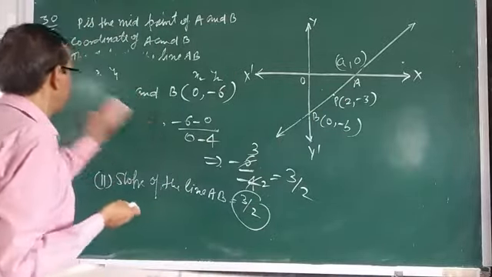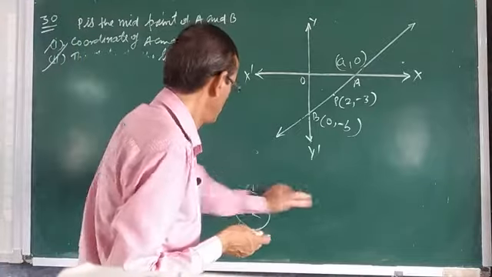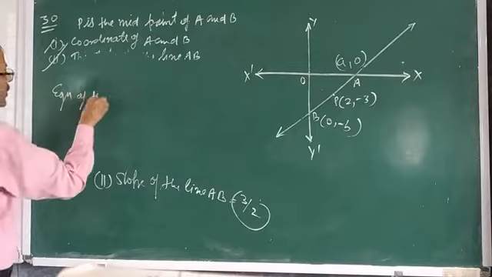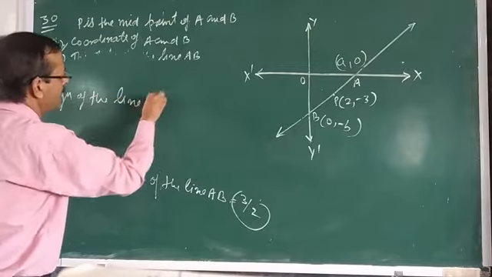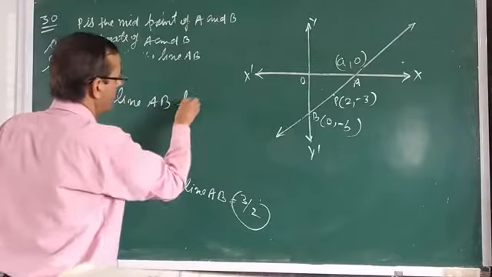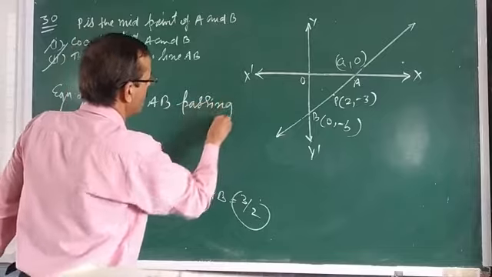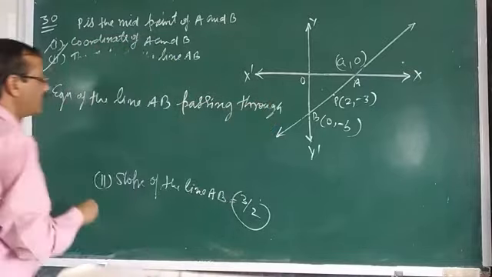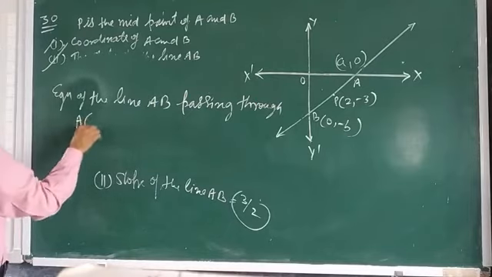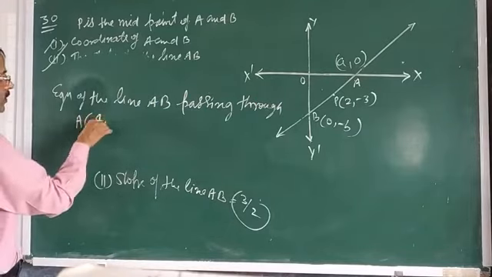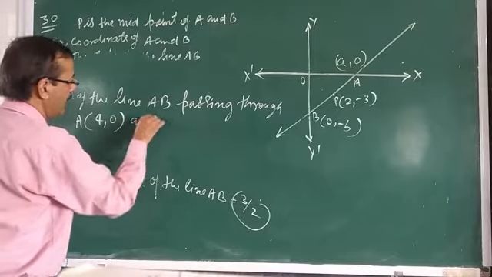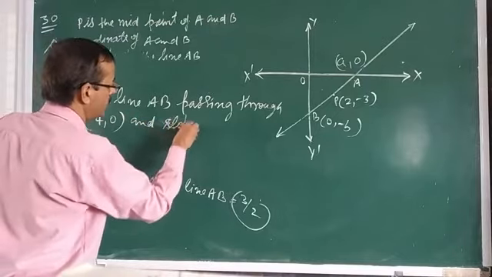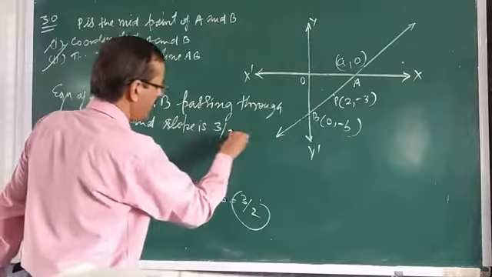The equation of the line AB passing through A, which is 4, 0, and the slope is 3/2.